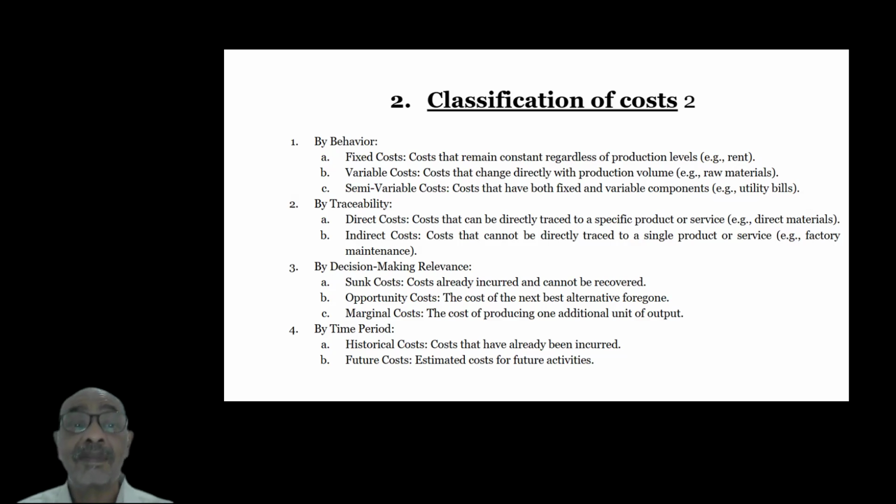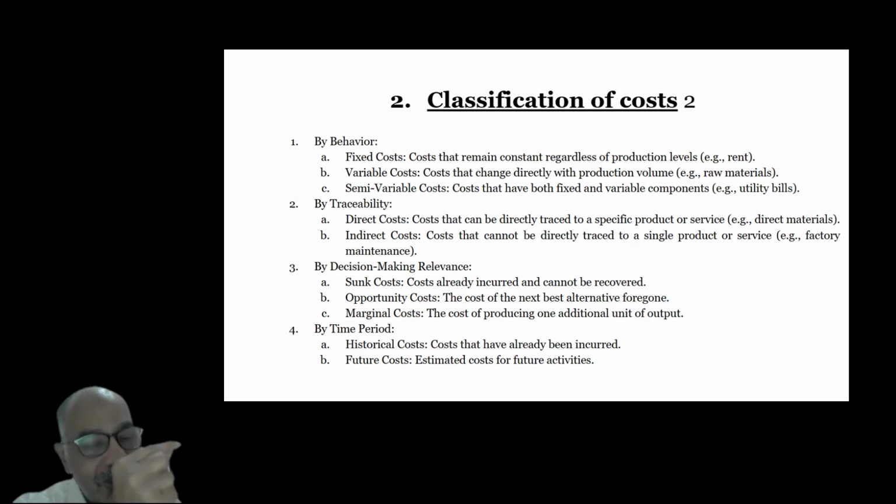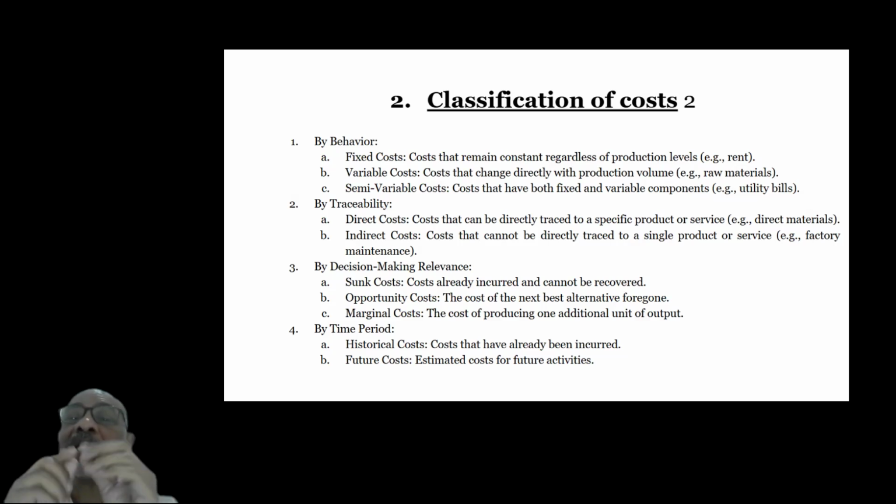Indirect costs cannot be directly traced. For example, the rent cannot be traced to the production, because if you produce 1 unit, you shall pay the whole rent. If you produce 1 million units, you will pay the same rent for all the million units.